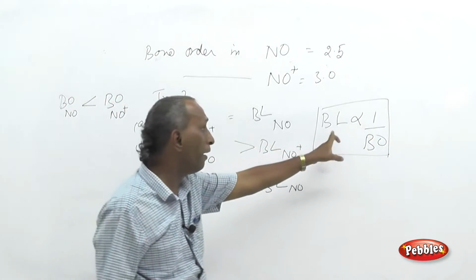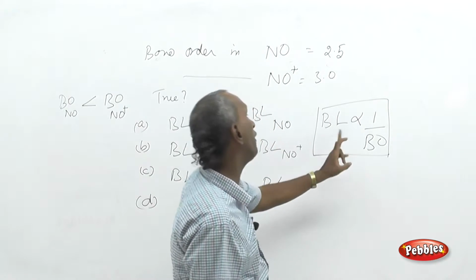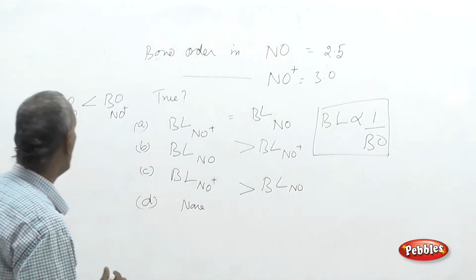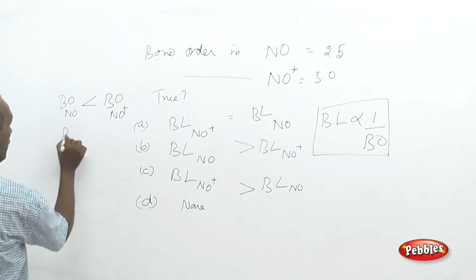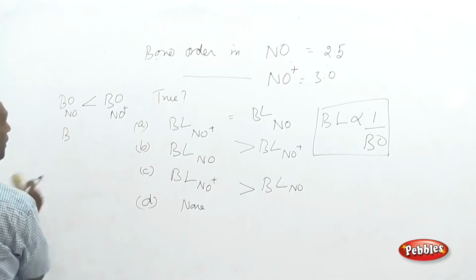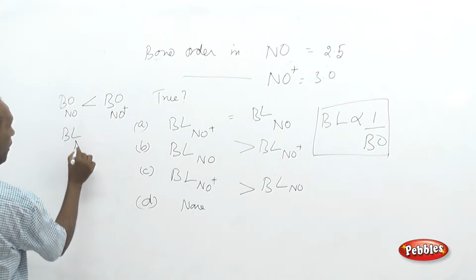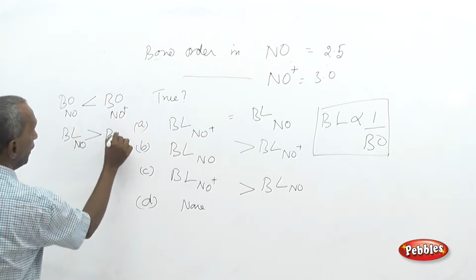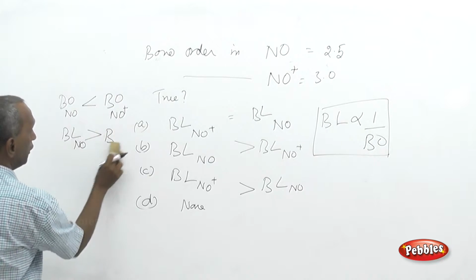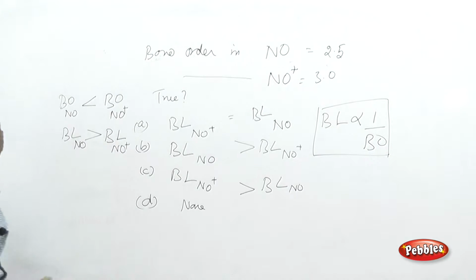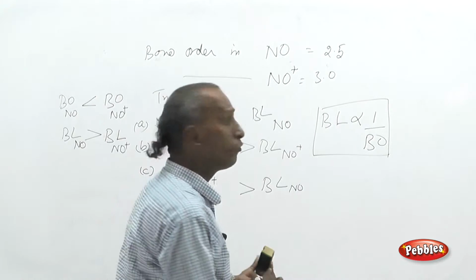But we know the variation between them: bond length varies inversely with the bond order. It means that if bond order is less, the bond length would be higher. Bond length of nitrosyl cation and nitric oxide will be in this order. So bond length of NO plus is smaller. This will be the correct choice.